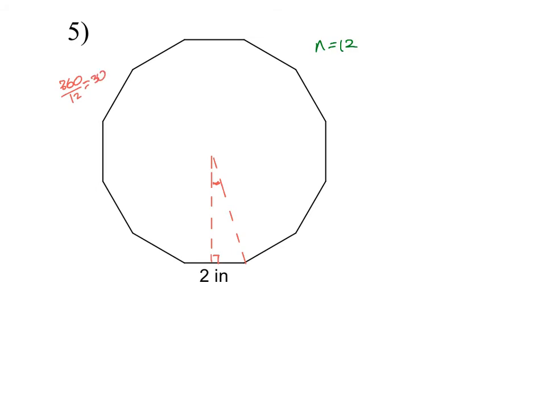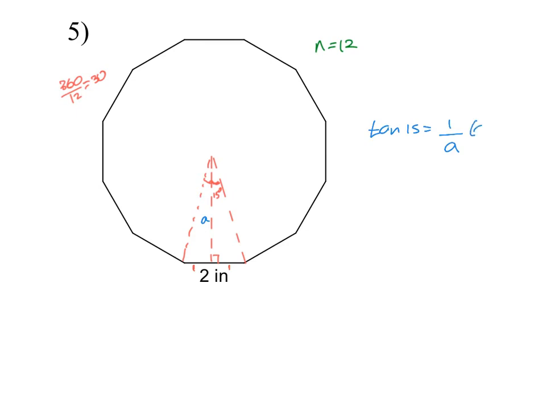So this whole angle is 30, which means that this one is 15. I know again that this is 1 inch, and I need to find the apothem. So again, I have tangent. Tangent of 15 equals the opposite over the adjacent, so 1 over a.